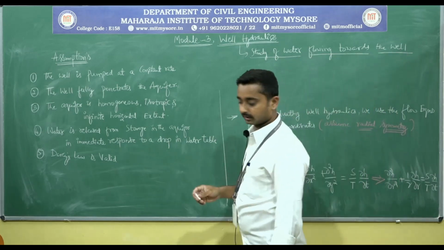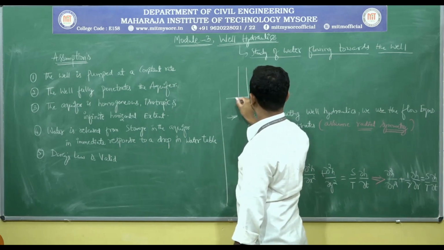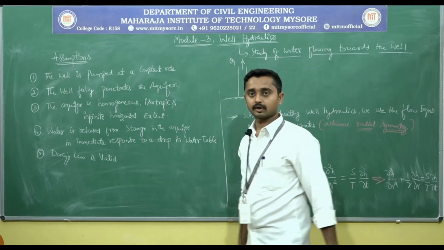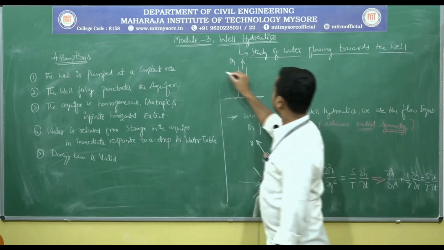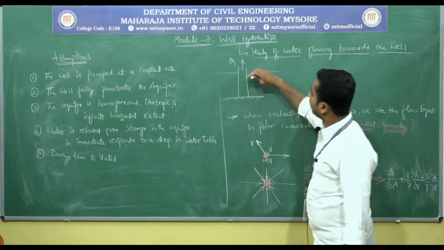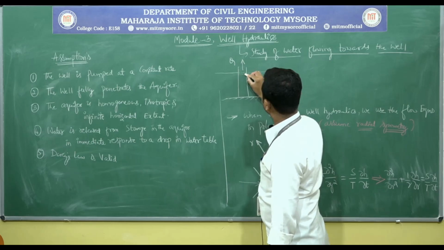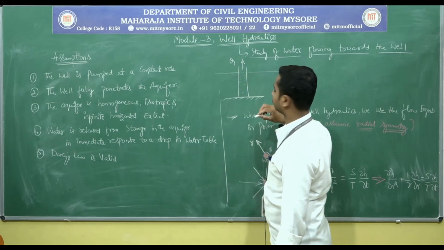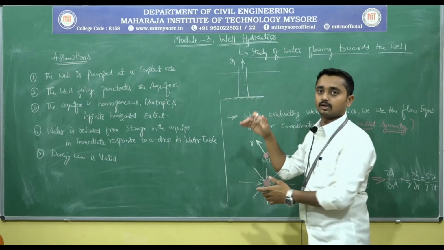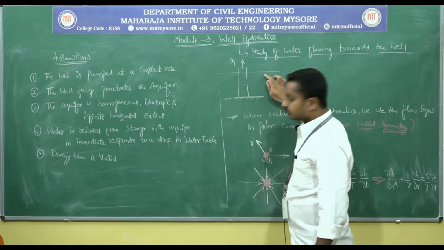If this is a well, when the pumping starts, and this is the initial water level, the water level in the well as well as the water level in the vicinity of the well both reduce.